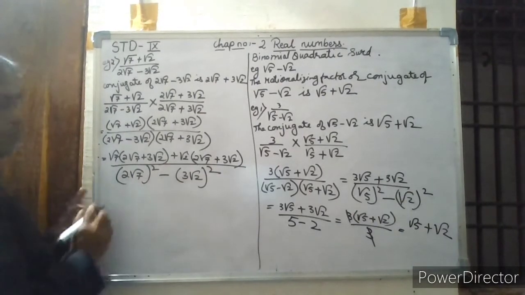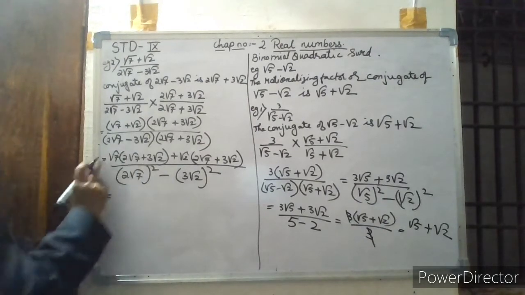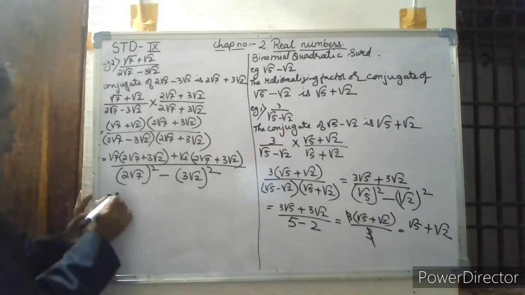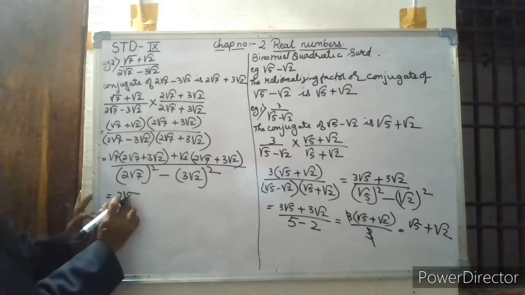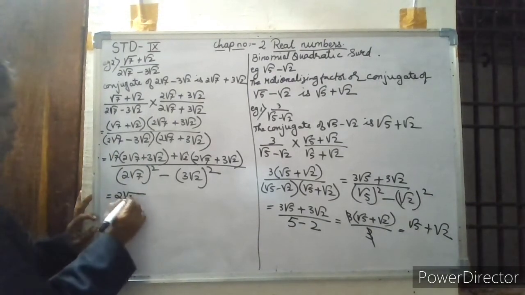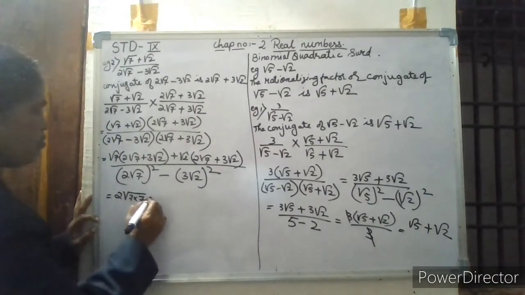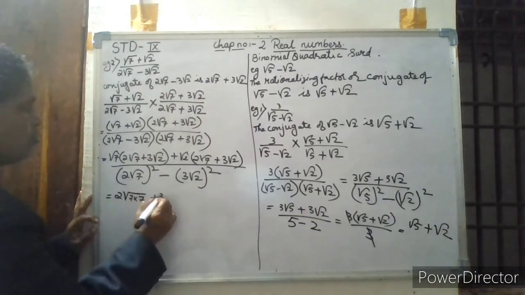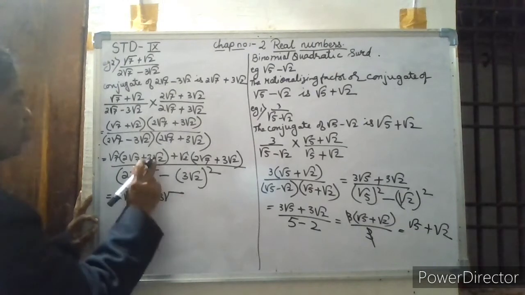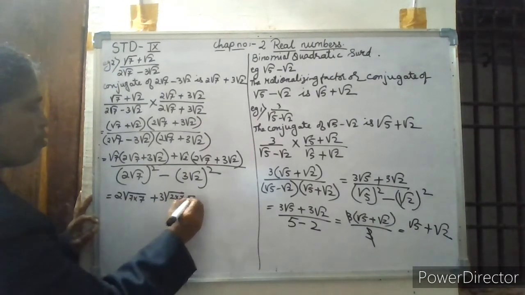A squared minus b squared. Now multiply binomial into monomial. See, 2 will remain as it is. Root of 7 into root of 7 will come out as 7 only, so I will just write root of 7 into under root of 7 so that it becomes easy for you. Plus into plus is plus. Then here 3 into under root of 2 into 7, again plus into plus is plus.